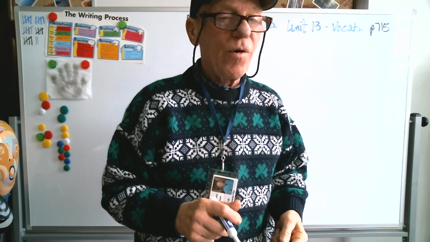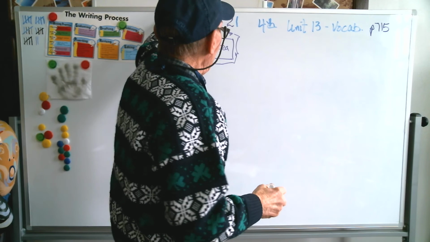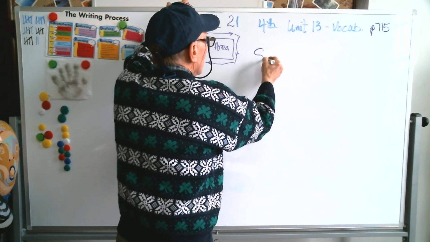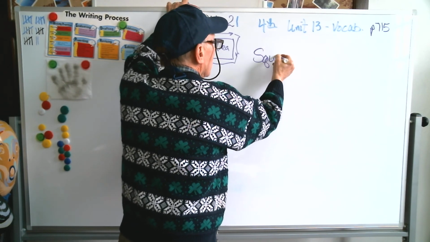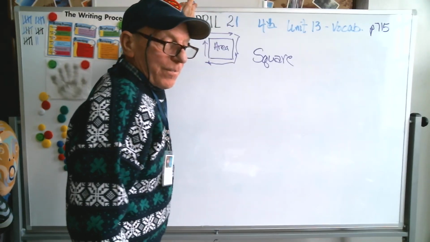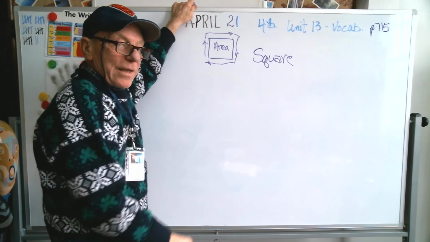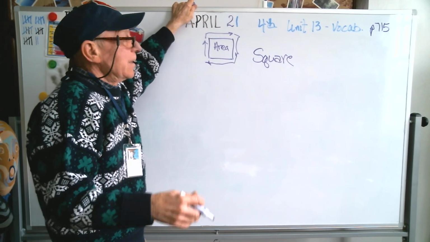Area, however, is indicated as square. In other words, if that was the area of that box right there, it would be square.